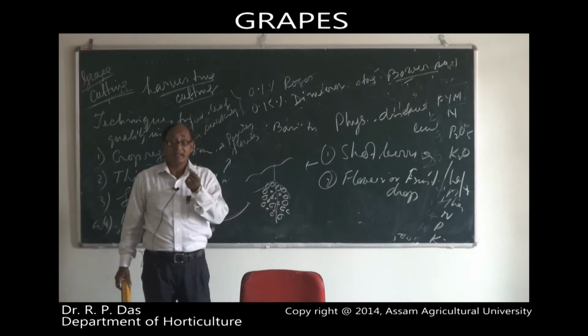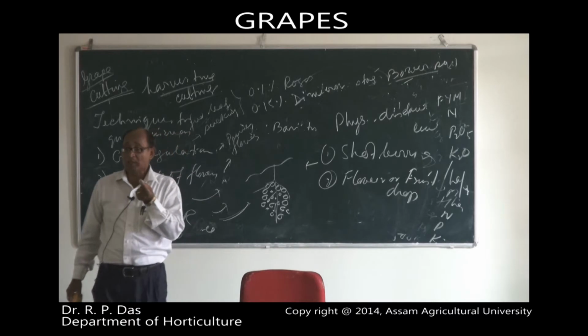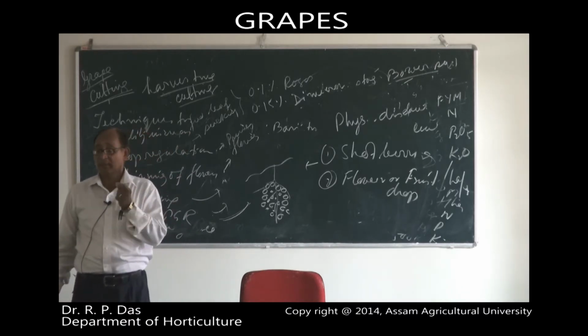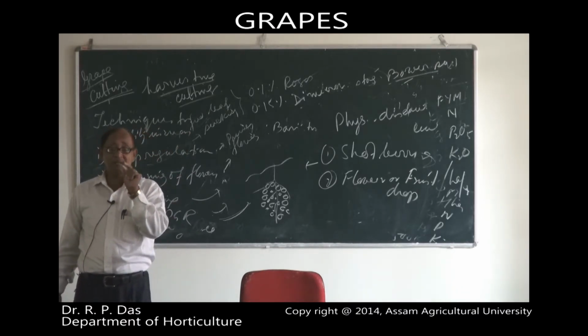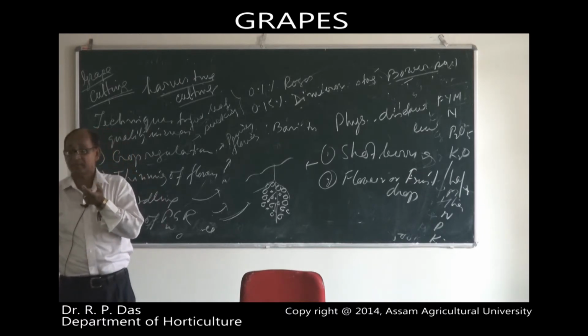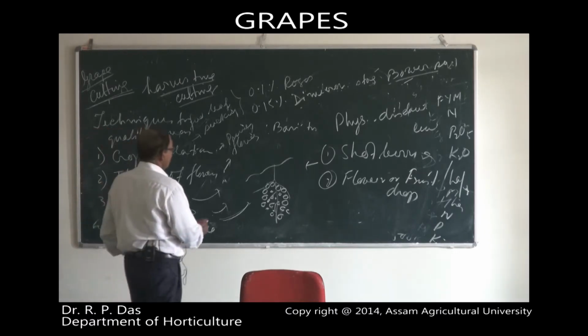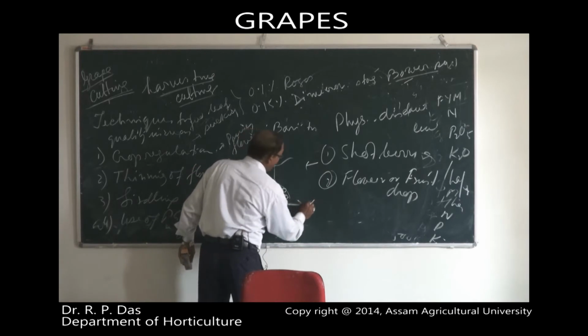Some berries remain small, green and hard in nature. That is mainly due to boron deficiency.